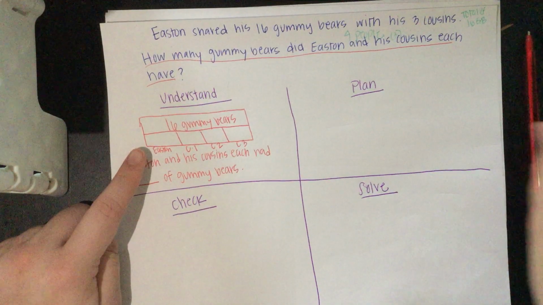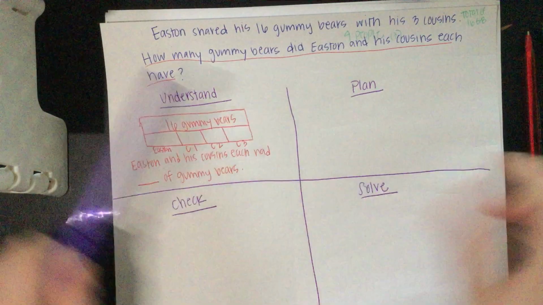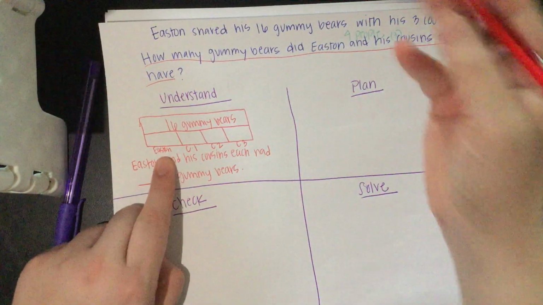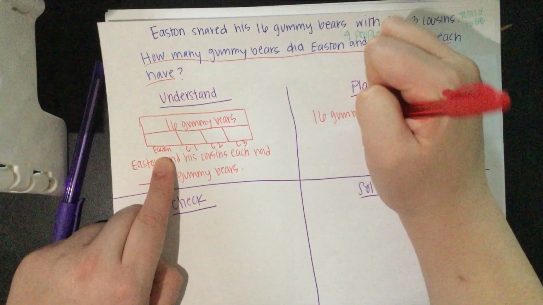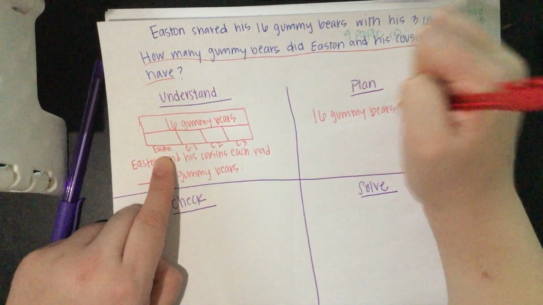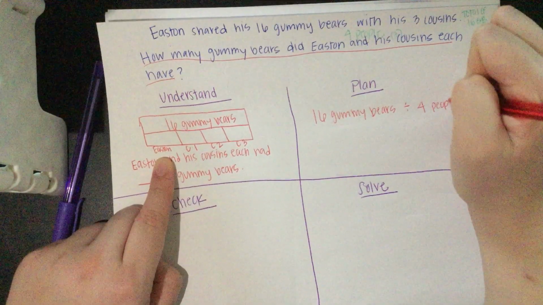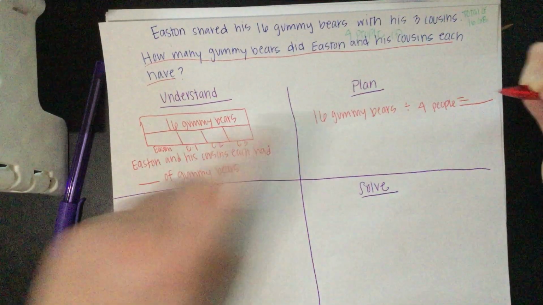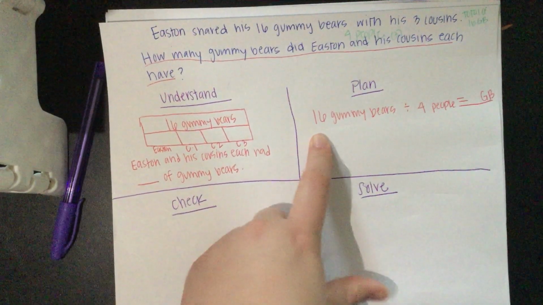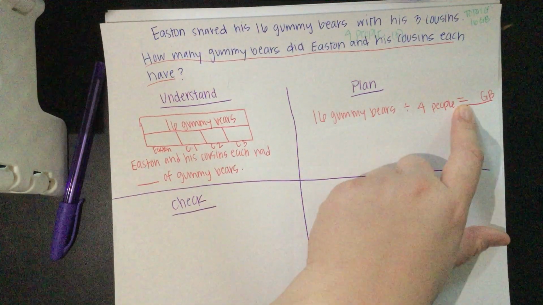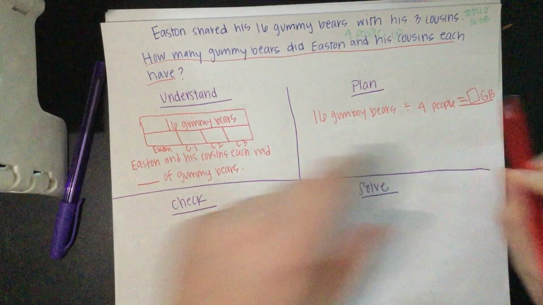Okay, so we're going to plan. So I have 16 gummy bears divided by 4 people equals a number of gummy bears per person.